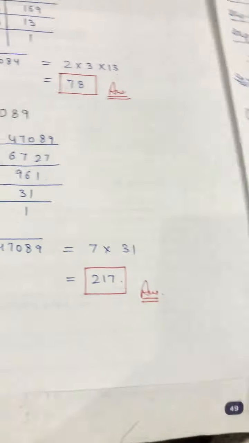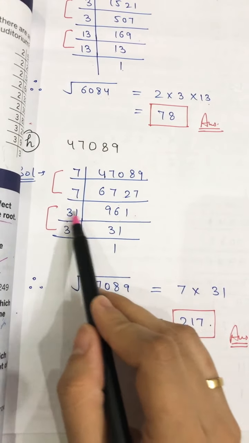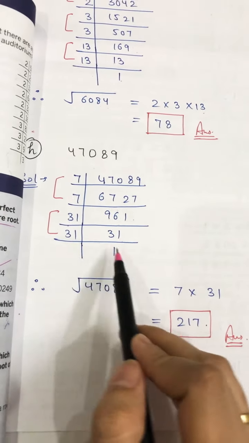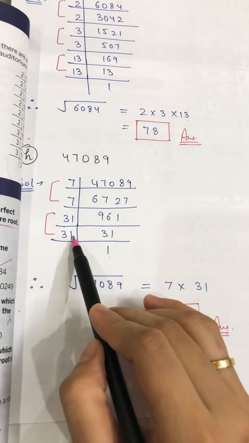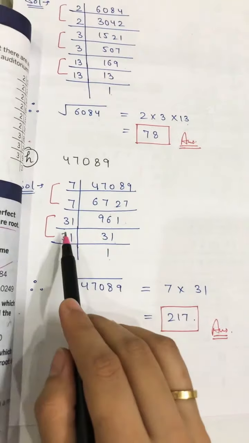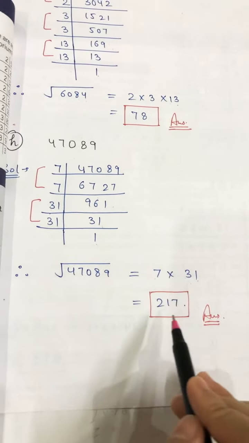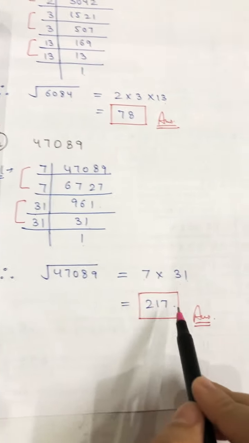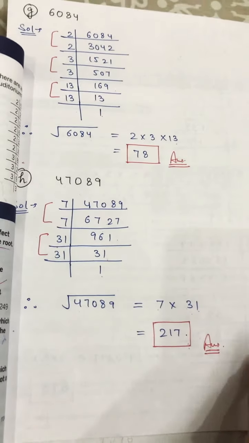When you divide 961 by 31, you will get 31. And 31 will again go on 31. Okay, so we are having 2 pairs. One is of 7, next is of 31. 7 multiplied by 31 is equal to 217. So square root of 47089 is equal to 217. This is your answer. Clear, all of you?